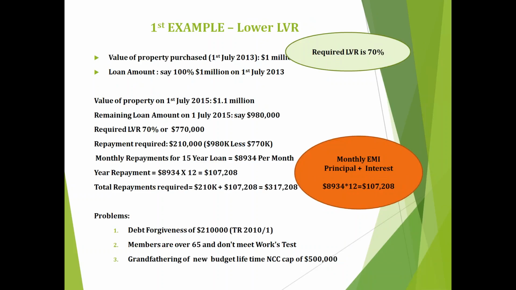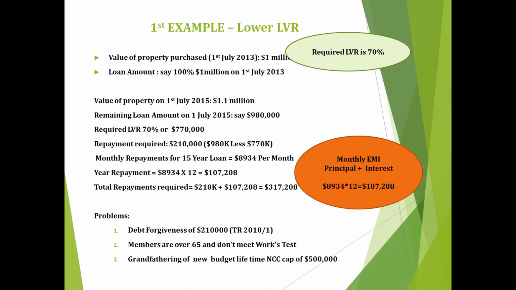In example 1, say for instance, a property was valued at $1 million and the related party loan was also $1 million on 1st July 2013 with 100% LVR. Then on 1st July 2015, the value of the property had increased to 1.1 million and only 20,000 was shaved off the loan, which meant that the remaining loan amount was 980,000 on that date.